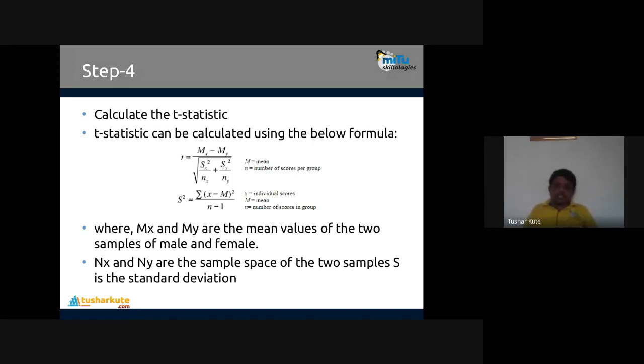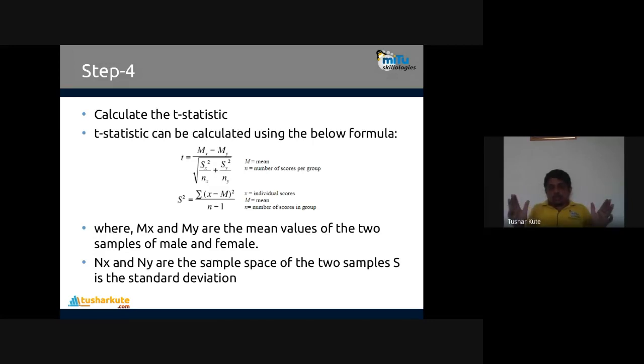You can see this, T is equal to mx minus my. So mx is the mean of the first population minus my is the mean of the second population, correct, divided by the square root of sx square, where s is the sample, the first sample, plus sy square, the second sample, divided by nx, the total number of elements in the first group, and ny, the total number of elements in the second group.